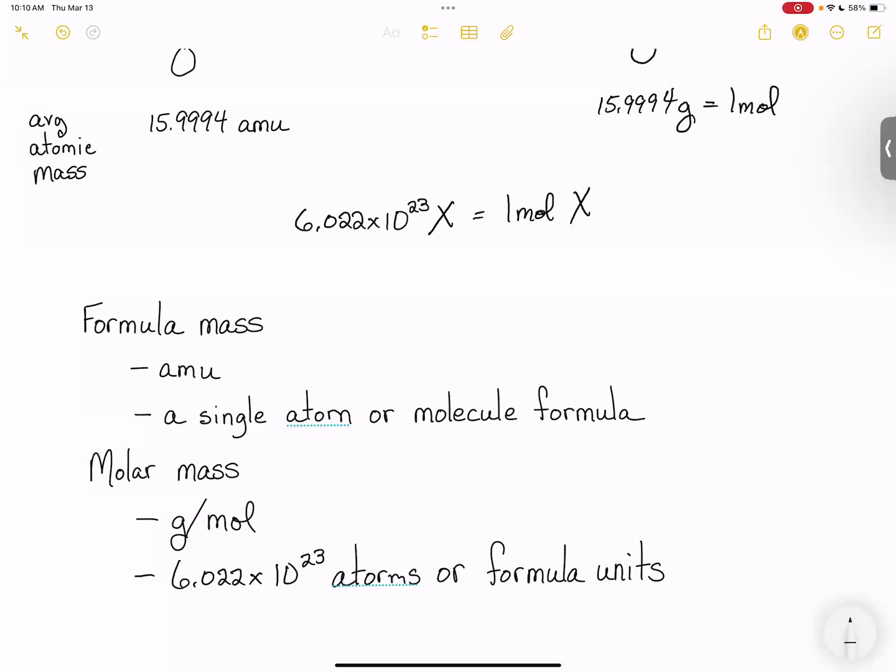Now, folks, it's hard to imagine what 6.022 times 10 to the 23rd looks like. That's a monstrous number. Well, just how monstrous is that number? If I'm talking about 6.022 times 10 to the 23rd little marbles, the entire mainland United States is going to be covered 70 feet high.